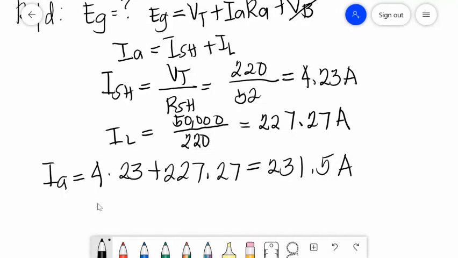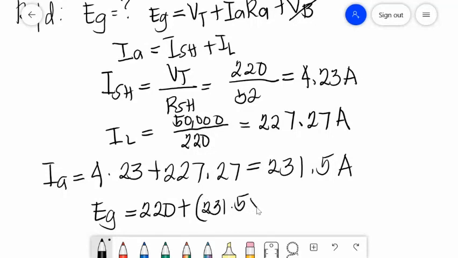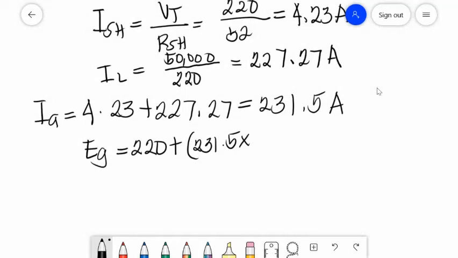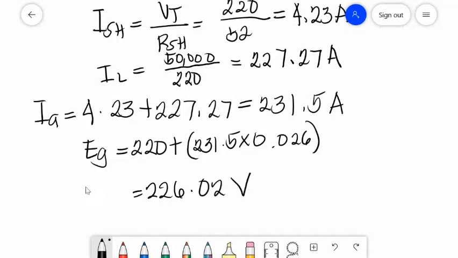So we are now ready to solve the generated EMF equal to 220 plus IA, 231.5, multiplied by the armature resistance equal to 0.026. So EG now will be equal to 226.02 volts.